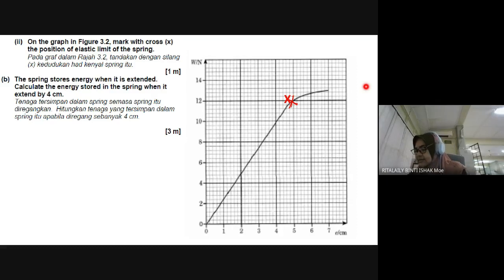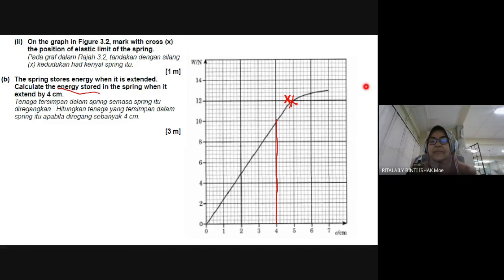Yes. 250 Newton per meter. Newton per meter. Are you sure the unit is correct? Newton per cm. Are you sure your unit is correct? Energy stored is represented by the gradient? No, by the area under the graph. So 4 cm. This is 4 cm.